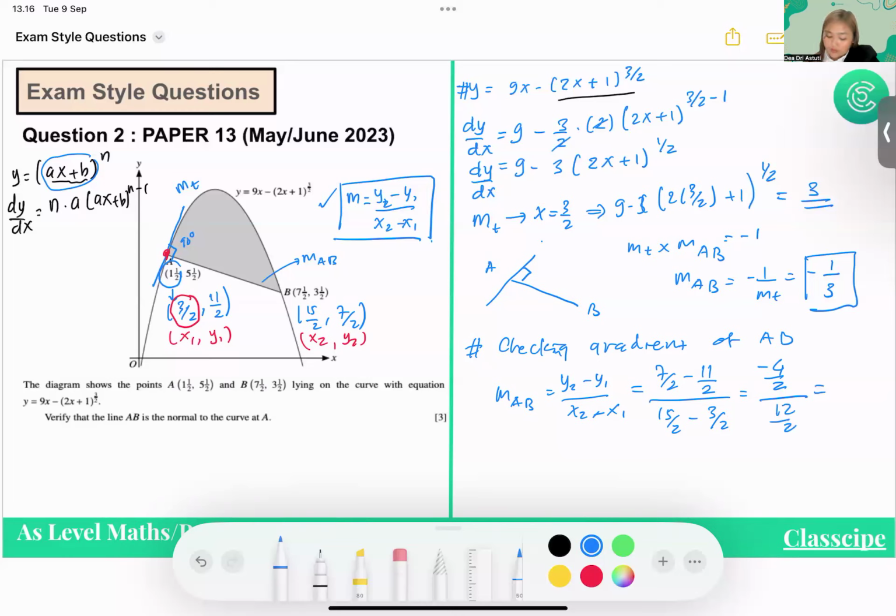So I've got -2 over 6, which is -1 over 3. As you can see, they are the same.